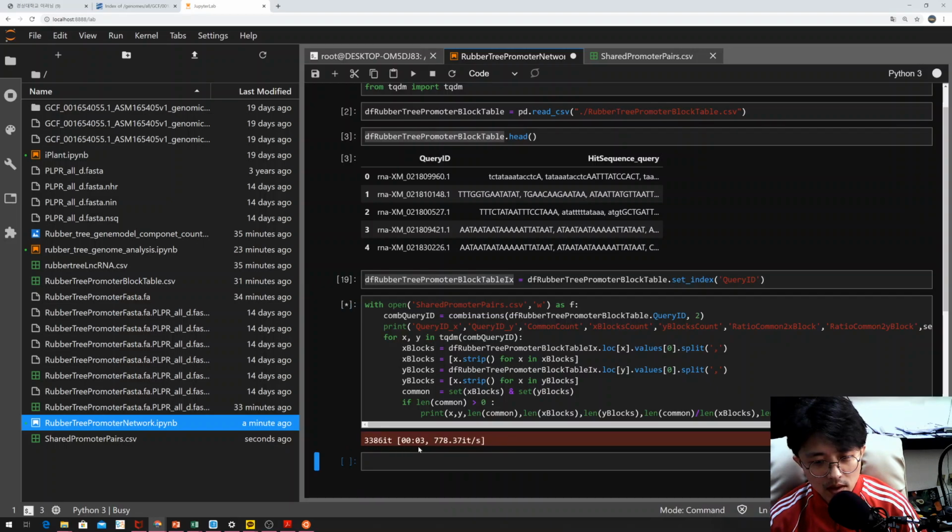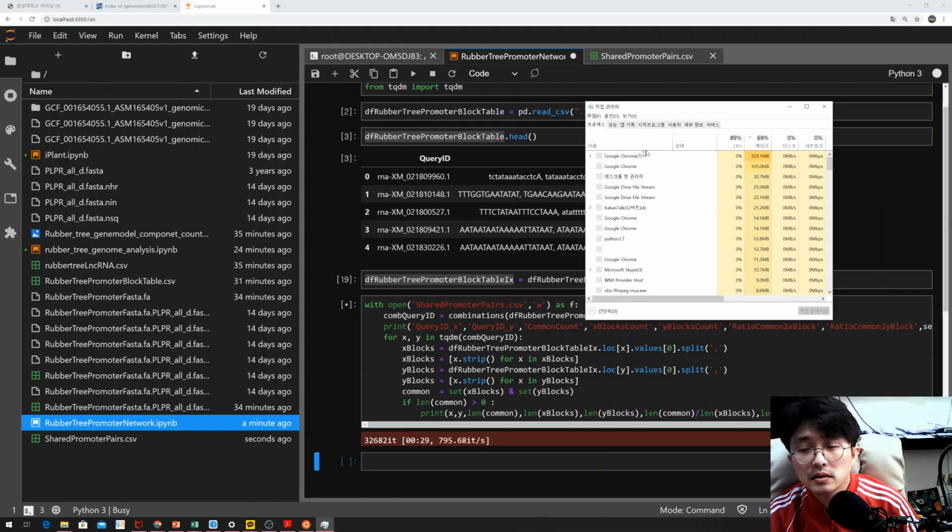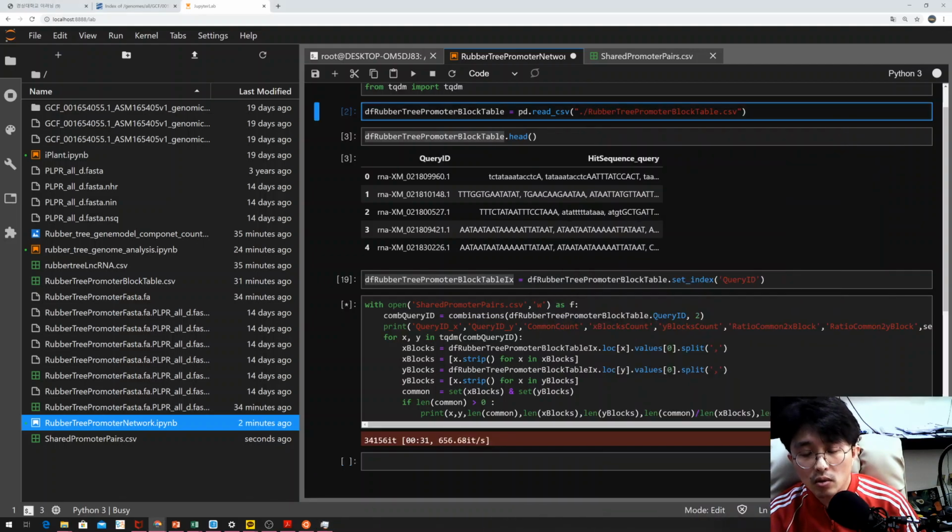Right, you can see all this iteration. I don't know when it will be over, but this iteration will end eventually, because I can see my memory is not that consumed by this one.